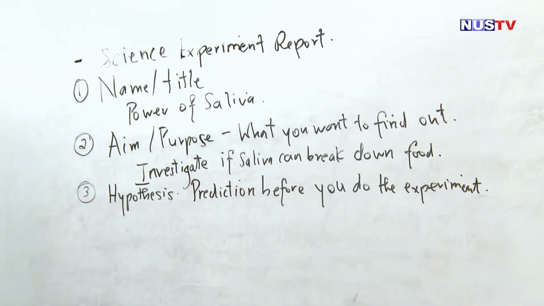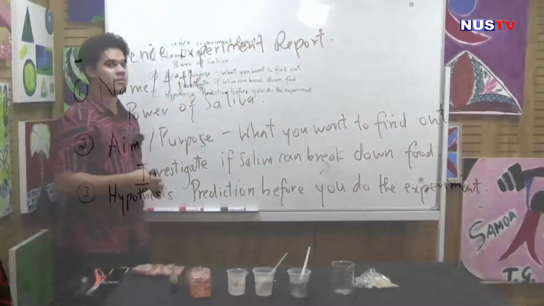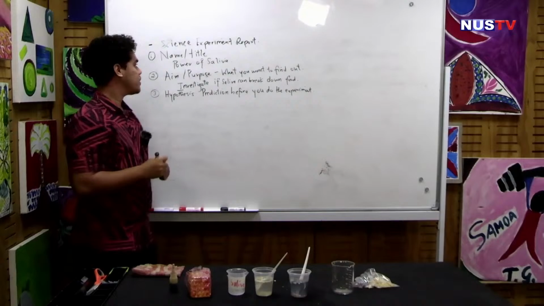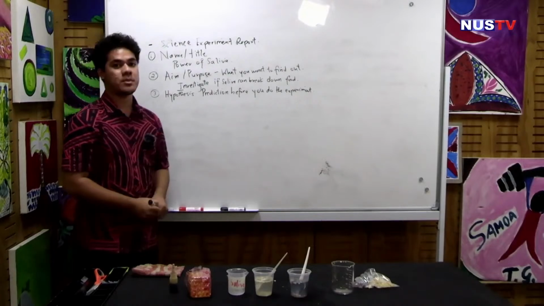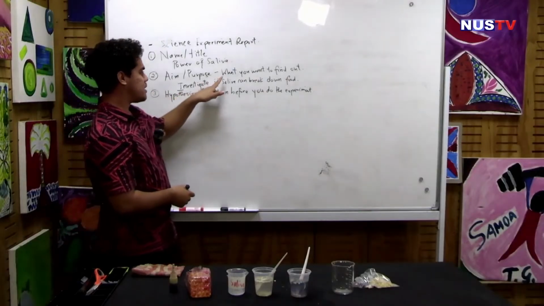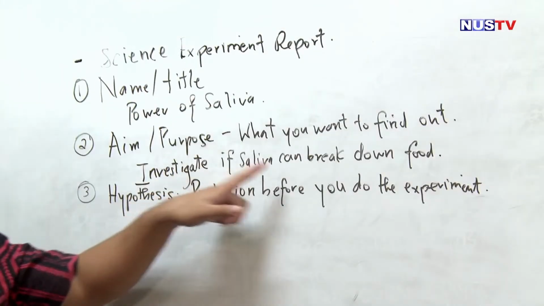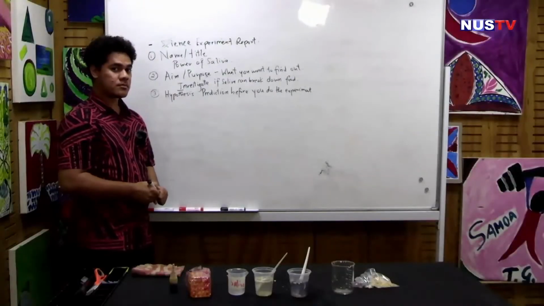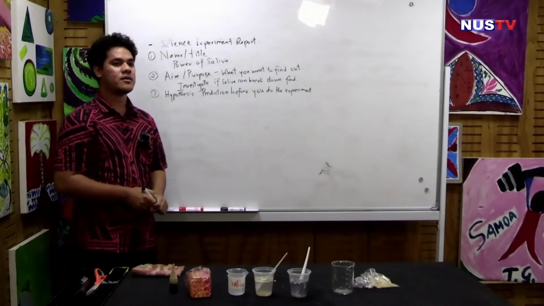It's like a guess. If I would guess what's going to happen in the experiment, I will look at the aim first. The aim says here to investigate if saliva can break down the food. So my hypothesis would be the iodine will help the saliva break down the starch.